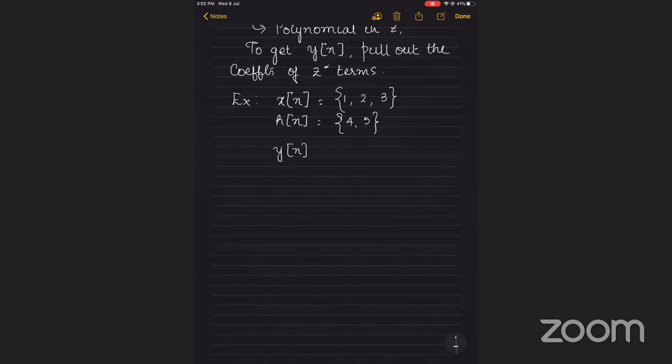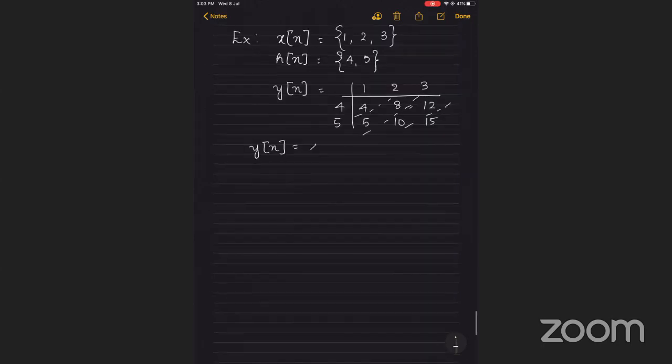I can do a simple convolution: I write 1, 2, 3 and 4, 5, and multiply each by 4 and by 5. So I get 4, 8, 12, then 5, 10, 15. Then I add them diagonally. So y of n is 4, 13, 22, 15. This is what I'm going to get.